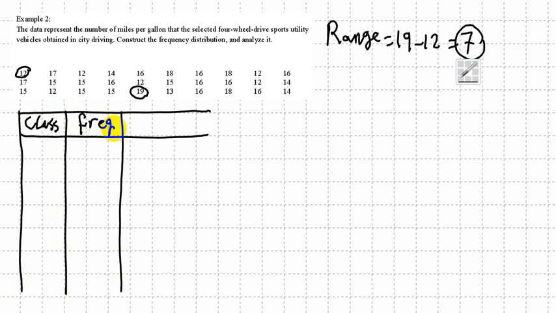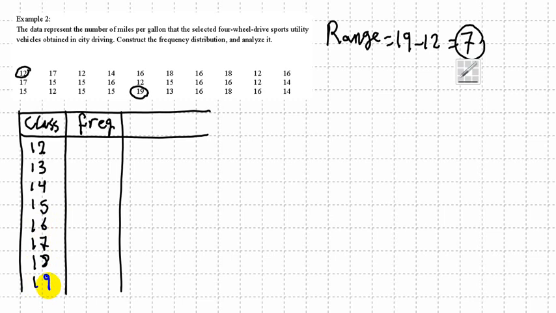Now, what are the classes? We will start from 12 to 19. So it's 12, 13, 14, 15, 16, 17, 18, 19. These are the classes.